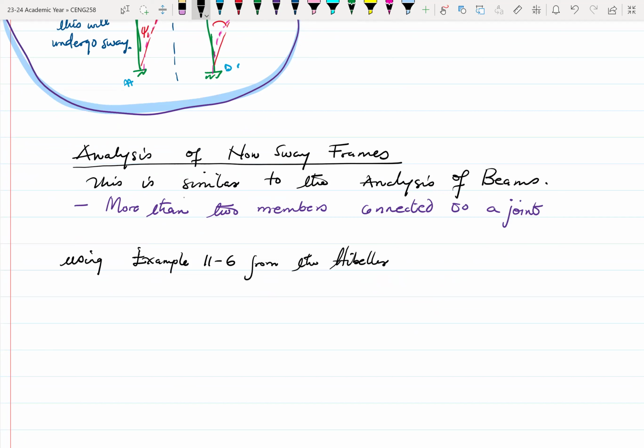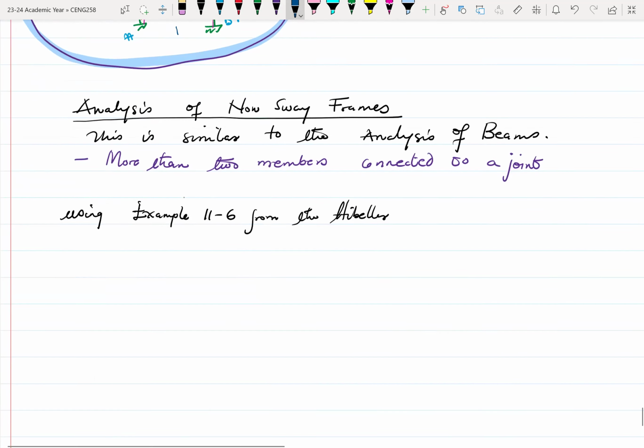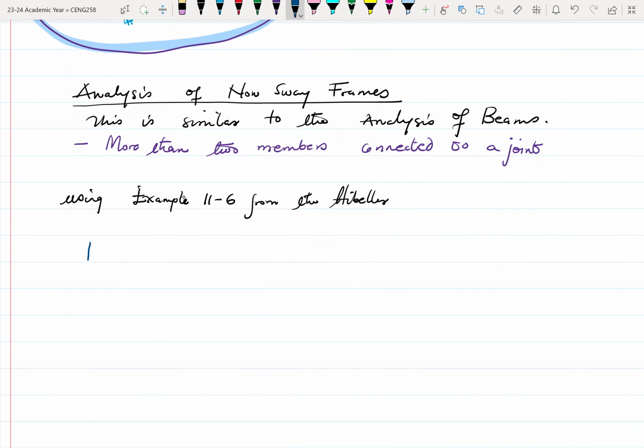So they have a more elaborate example. I'll try and see if we can get that one done. I'll jump a few steps because everything looks the same with respect to the analysis of beams.